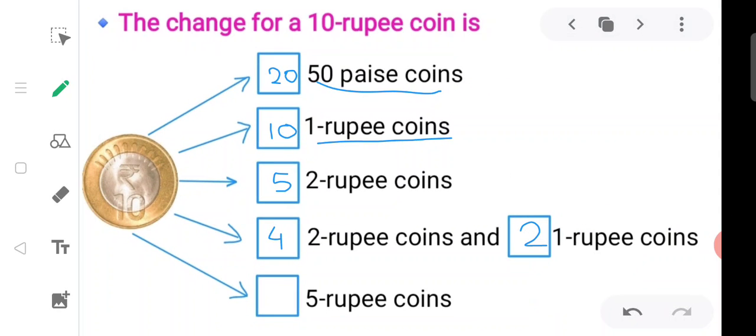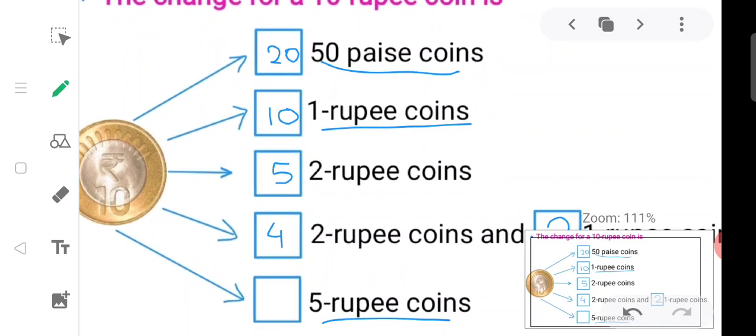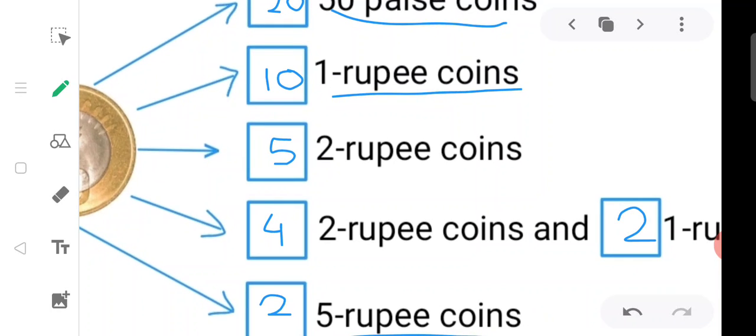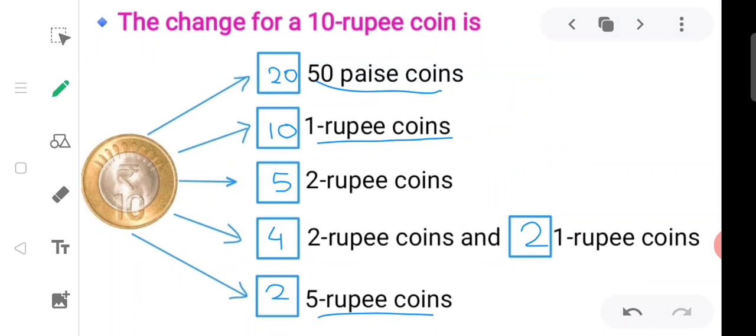So 4 coins of 2 rupees and 2 coins of 1 rupee make 10 rupees. Now next one is 5 rupees. How many coins of 5 rupees do we need for a change of 10 rupees? 5 twos are 10. That means 2 coins. We need 2 coins of 5 rupees for a change of 10 rupees.